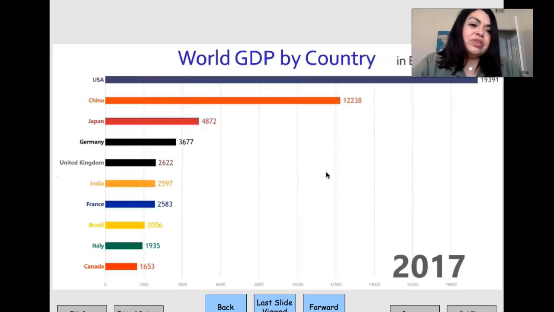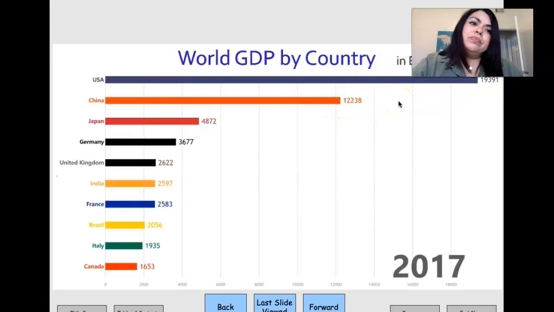Notice that the countries you're probably very familiar with, Mexico, Spain, they're not even in the top 10. Not to say that their economies are not influential in the world, it just means that they're not the biggest economies, they're not the biggest consumers. The USA is by far the biggest. As you can see, the gap here is pretty large.